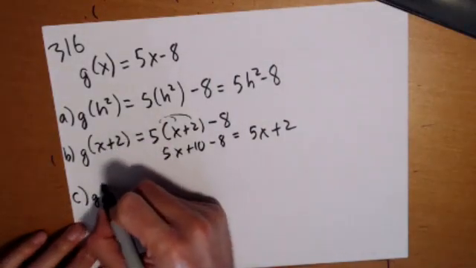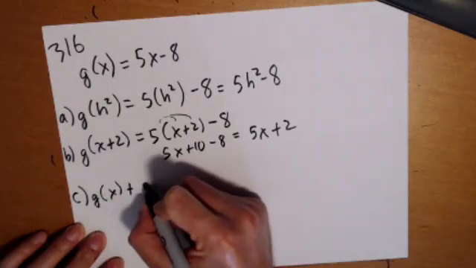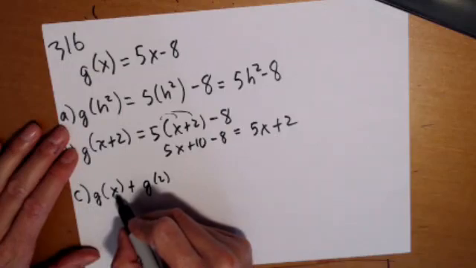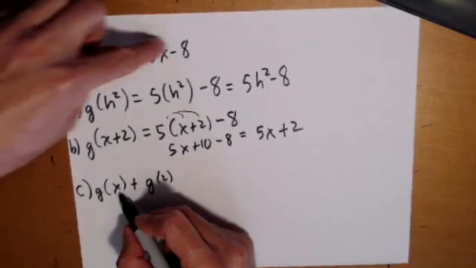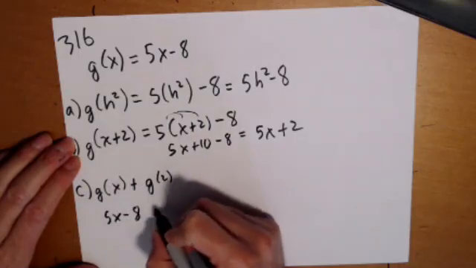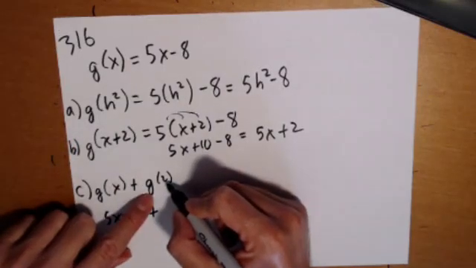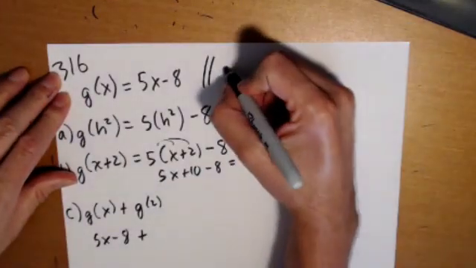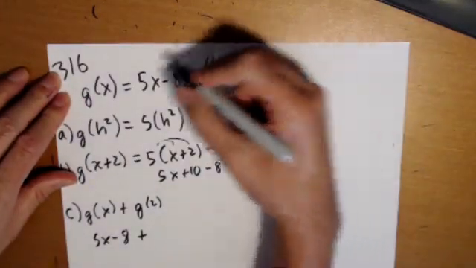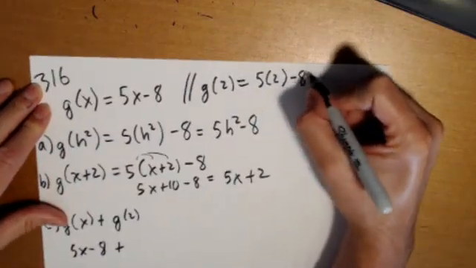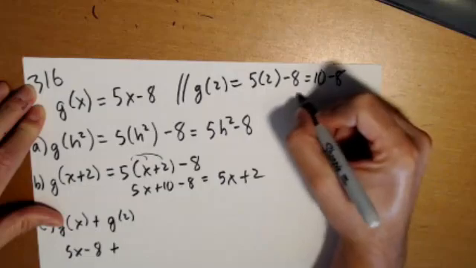So instead of this, what if we first give it x, and then we give it 2, and then we say, hey, why don't you add them together? So g of x, well, that's easy. It's just this function, 5x minus 8, plus g of 2. Up here, g of 2 means 5 times 2 minus 8, 10 minus 8, which is 2.